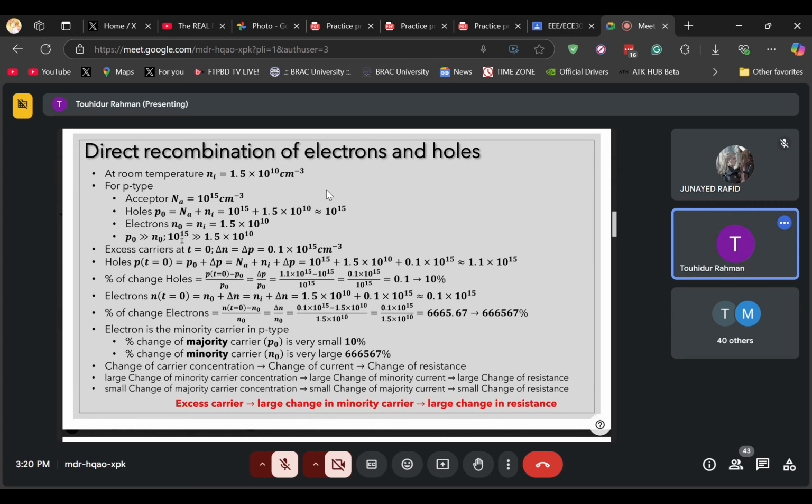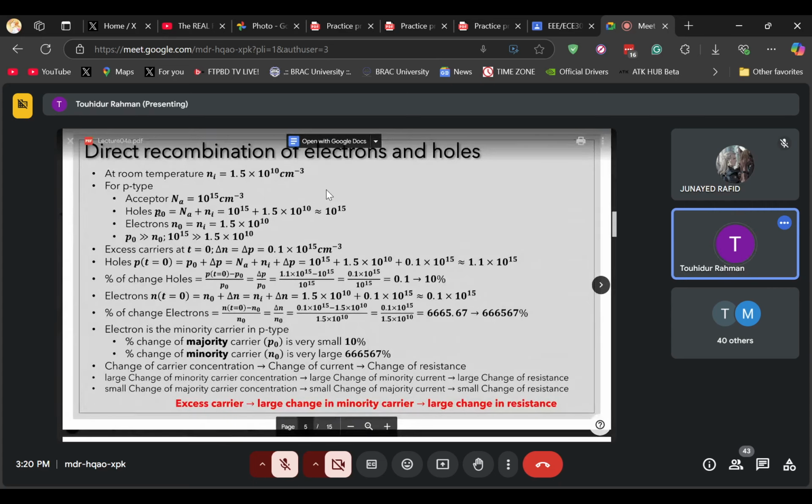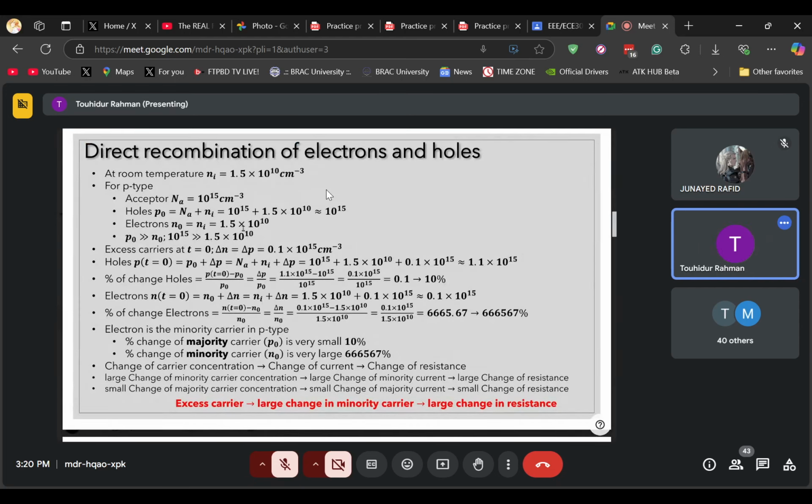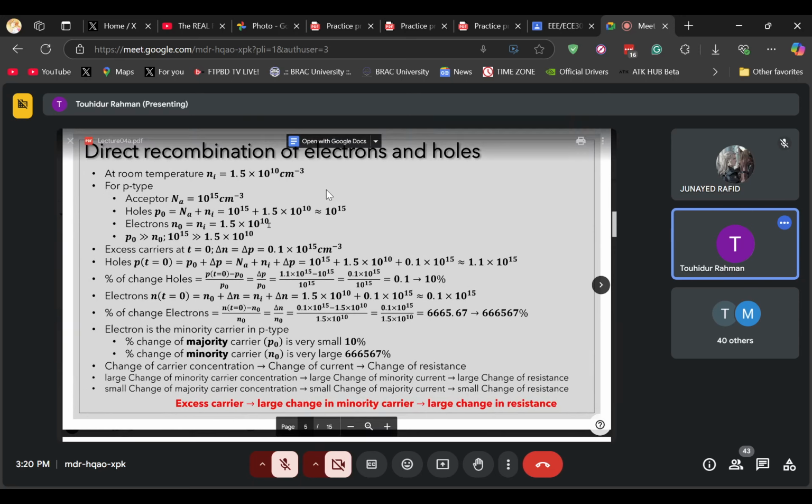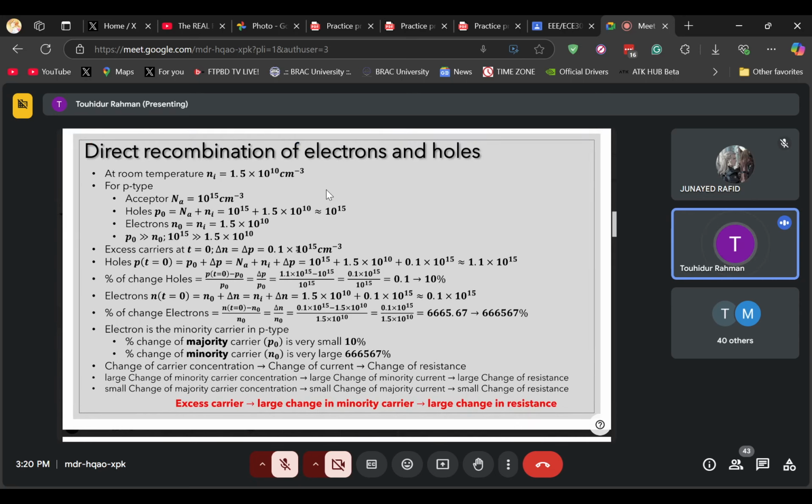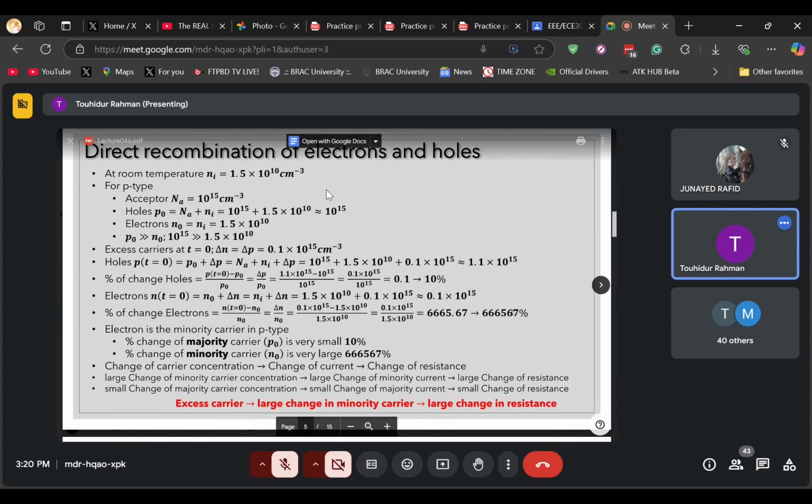Currently we have lots of holes, but very few electrons. So if you make any change in the hole or the majority carrier, it really doesn't matter. Only 10% for this example. But since we don't have many electrons, a small change in electron concentration will make a large difference. So that's our practical example.